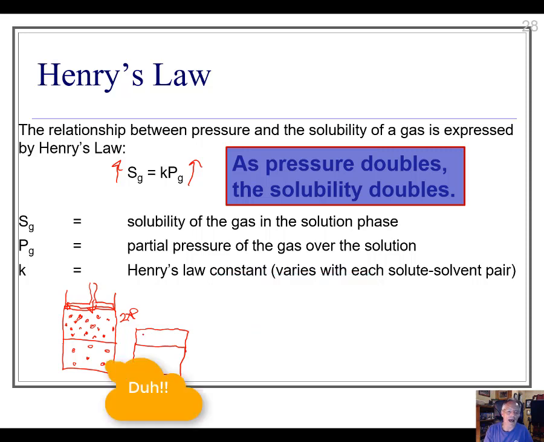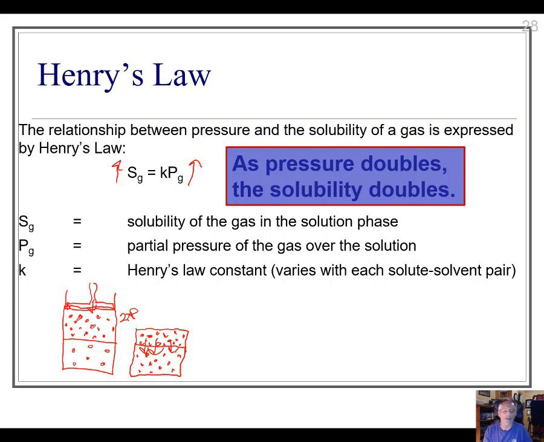So now all these guys, they squeeze in here really tightly. And what that does is it forces more gas molecules into solution. So now I'll have, so let's just double the amount. Okay, 1, 2, 3, 4, 5, 6, 7, 8, 9, 10, 11, and there's 1, 12.